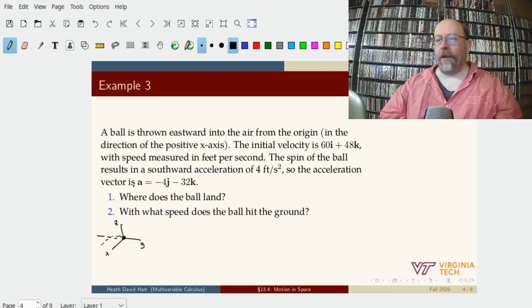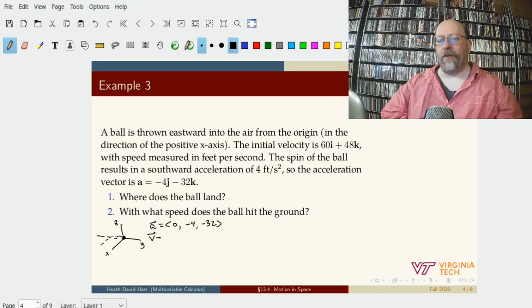So let's do some work here. We'll start with the acceleration vector. 0, negative 4, negative 32. The velocity vector is the integral of this, so it will be c1, negative 4t plus c2, and negative 32t plus c3.